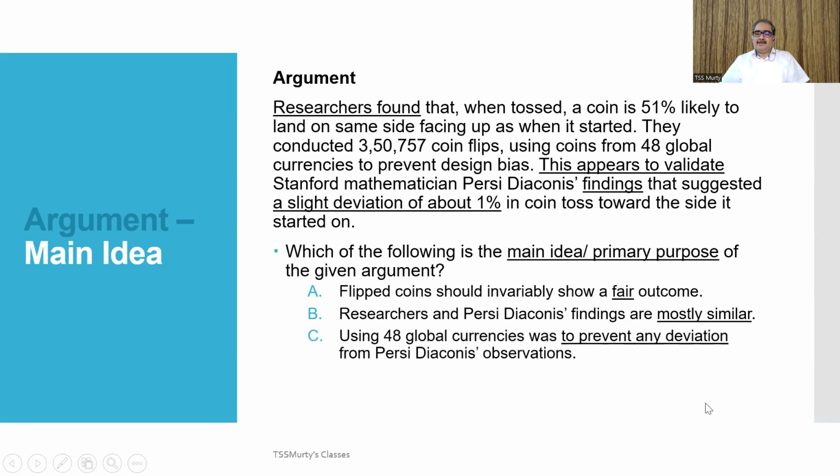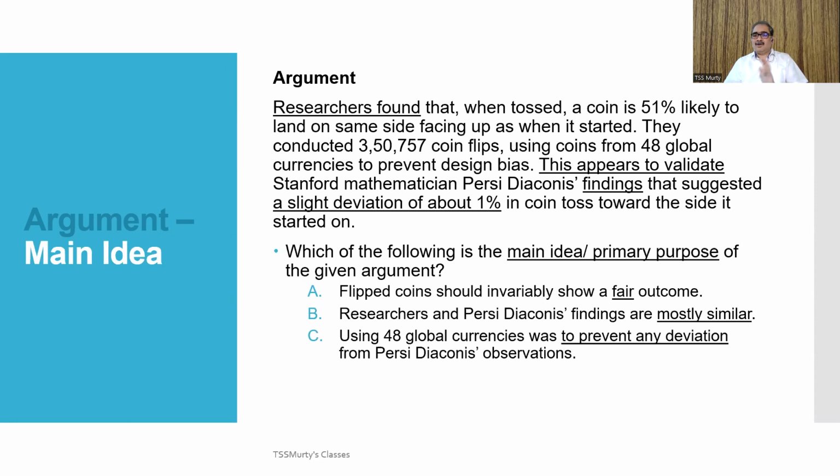Using 48 global currencies was to prevent any deviation from Persi Diaconis' observations. So when you look at this, did the researchers try to disprove or prove anything that Persi has done? Was that an intention? Or according to the argument, they've already found something that appears to be very close to what this mathematician has done.